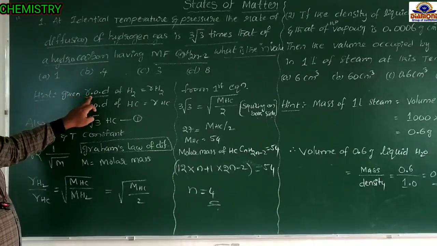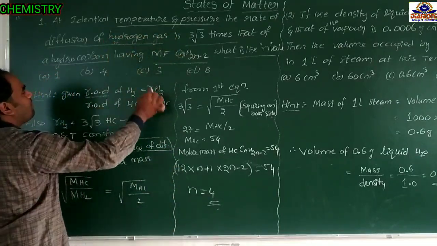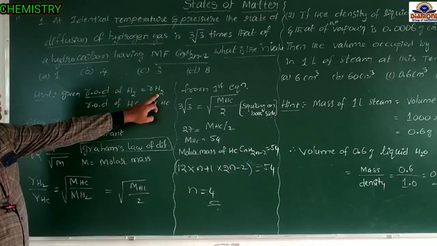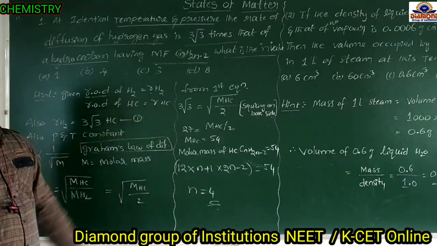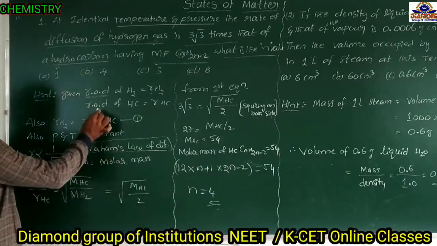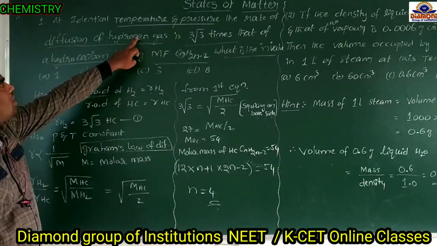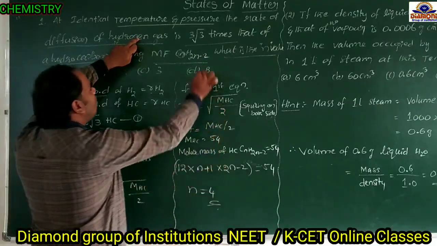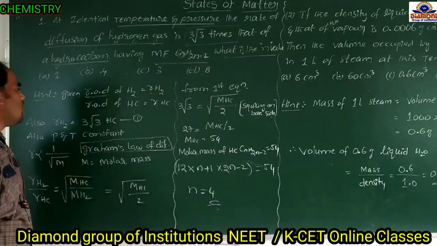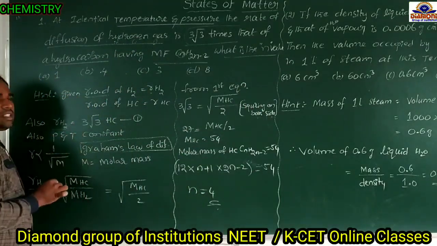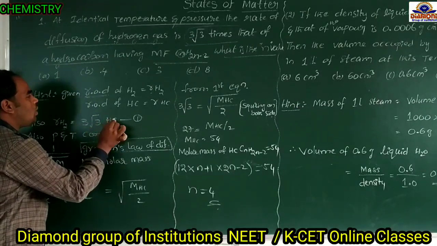The rate of diffusion of hydrogen gas is R_H2, and the rate of diffusion of hydrocarbon is R_HC. The rate of diffusion of hydrogen gas is equal to 3 root 3 times that of the hydrocarbon.